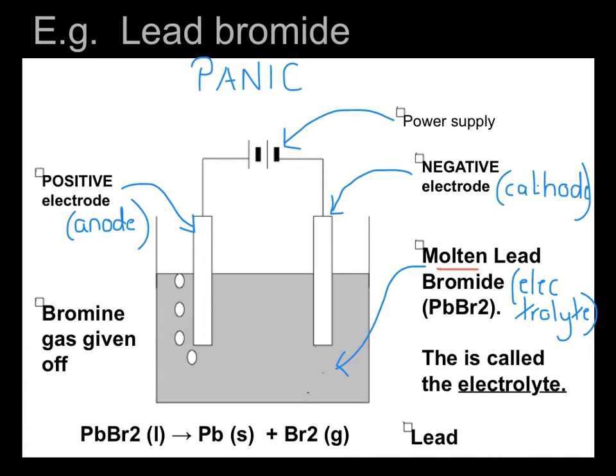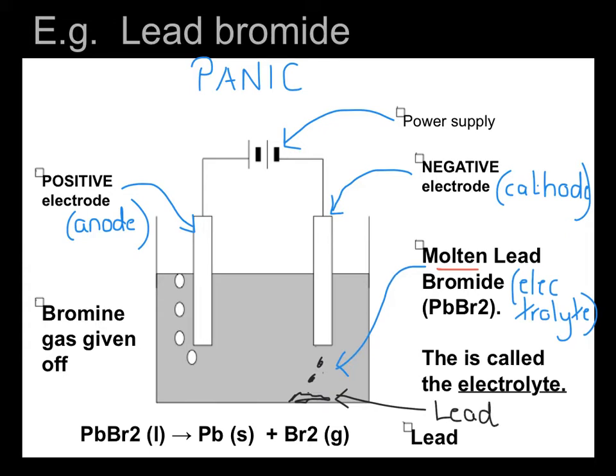Now it's really important to remember that when these ionic substances are electrolyzed, they will always decompose or break down to form the solid metal, and they will always form the non-metal gas. This solid metal will always form at the negative cathode, and you can see in your diagram that we do have some of this, and we're going to label this up as the lead.